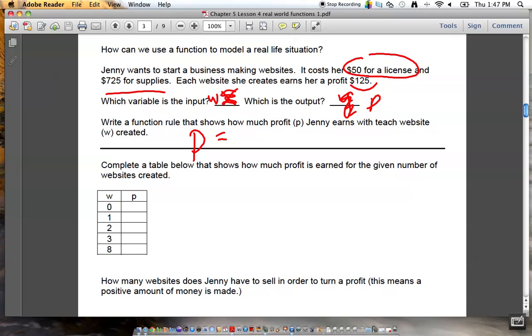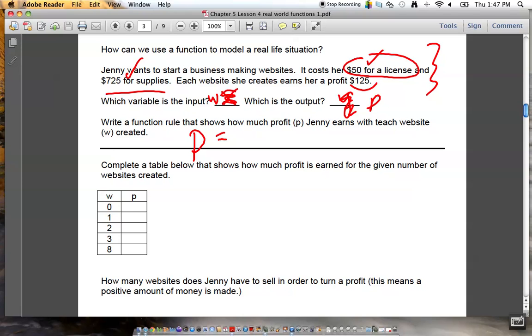Wouldn't it be like you're adding? Yeah, but in the problem, which part of that is income that she's making, that she's getting in? $125 for every website. What are the numbers that she's paying out? What money is she giving out? $50 and $7.25.